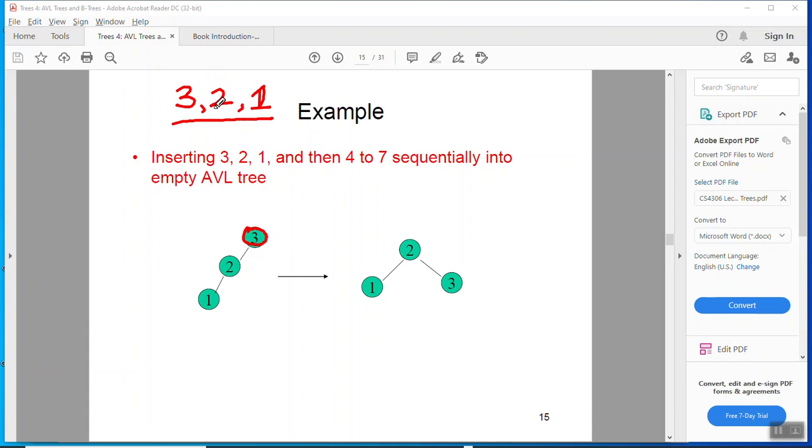Then 2 comes next, and 2 is less than 3, so 2 will be the left child. At this point it is fine.